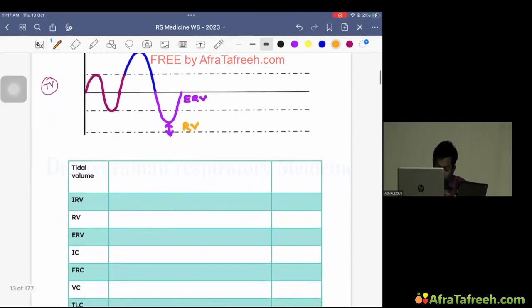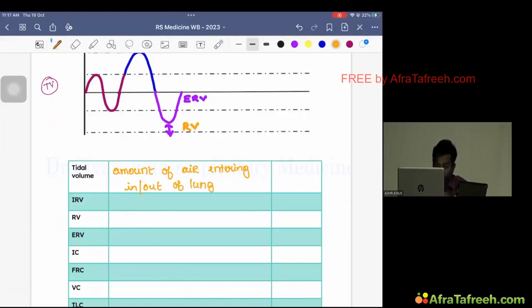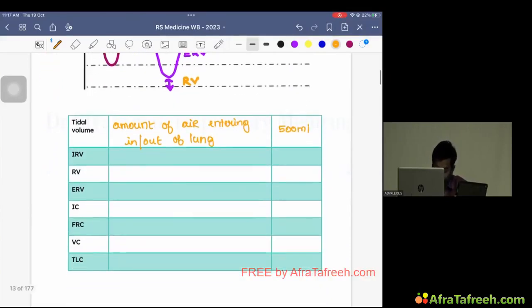Tidal volume is defined as the amount of air entering and getting out of the lung, which is happening without your knowledge, and this is around 500 ml.